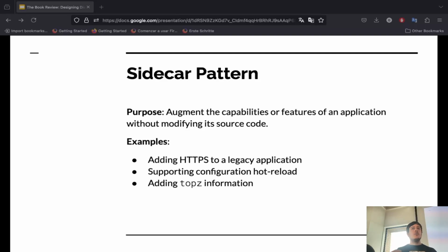So maybe what we can do, by enabling HTTPS support, is deploy, as a sidecar, an Nginx application that handles the SSL termination, and then forwards the request internally to the legacy application within the same pod.